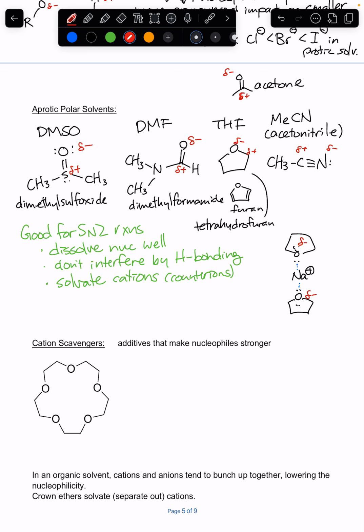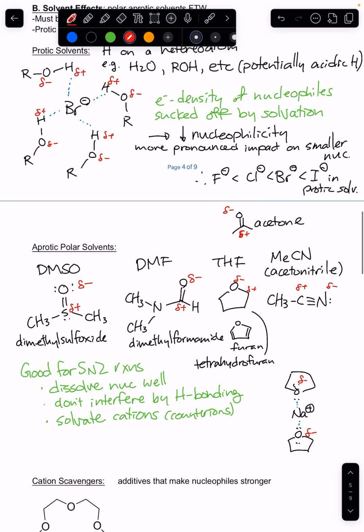And why is that good? Well, when a nucleophile like, say, sodium bromide is used, bromide could bunch up with the sodium counterion partners because they're opposite charges, they would attract each other. And if that happens, the nucleophilicity goes down, because the cation is positively charged and would take away electron density from the nucleophile. But if the cation is solvated away and not available to interact with your nucleophiles, then the nucleophilicity goes up.